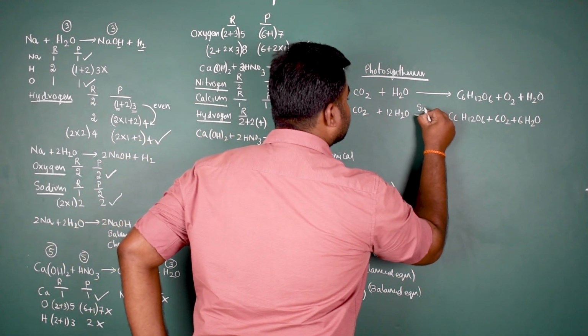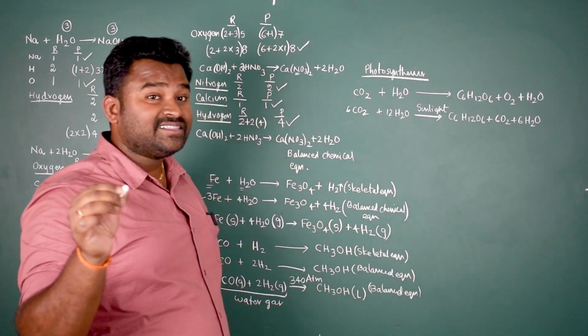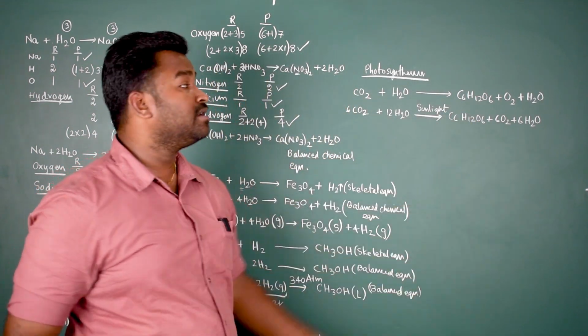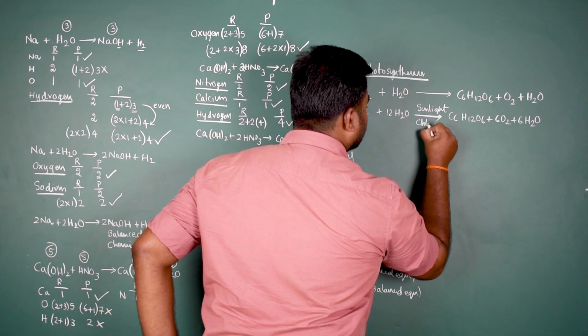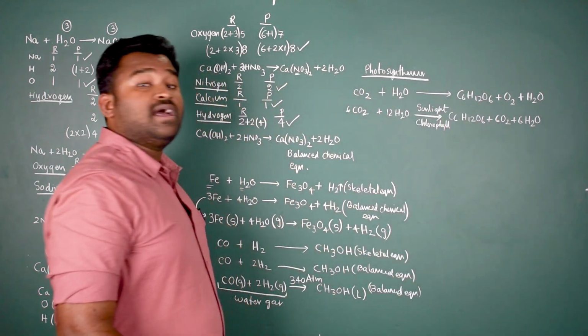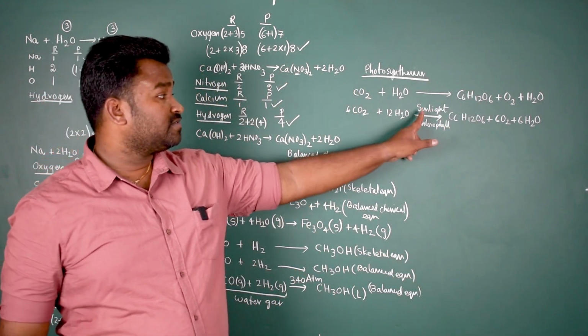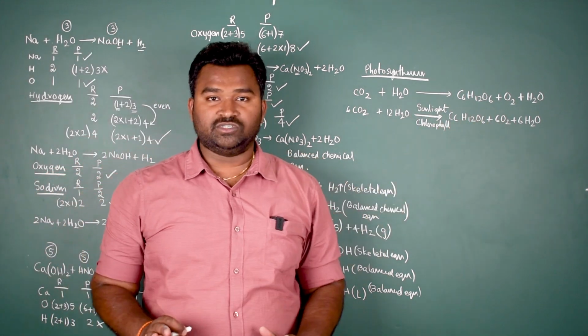Light. So that is sunlight. And what is the other ingredient that is needed for photosynthesis to occur? Chlorophyll. And I mention it in the bottom of the arrows. Chlorophyll. Understood? So in the presence of sunlight and chlorophyll, this particular reaction is possible.